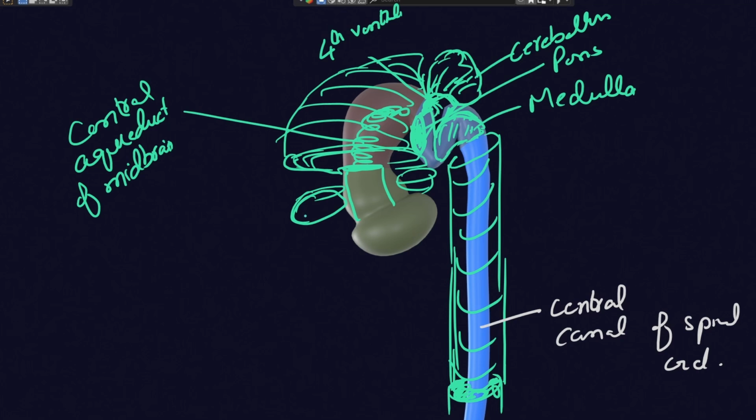Those structures will be formed by Diencephalon, right? And between them this cavity, this lumen, will remain and form another ventricle. Which ventricle? Third ventricle. So this is third ventricle, this is central aqueduct of Sylvius or central aqueduct of midbrain.